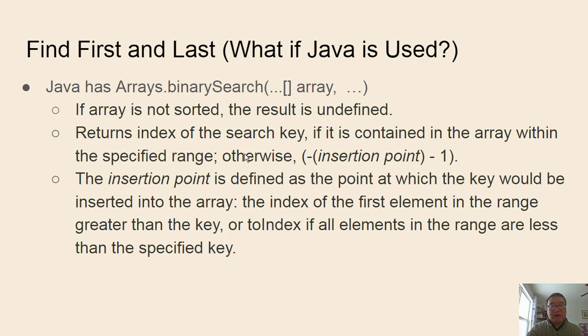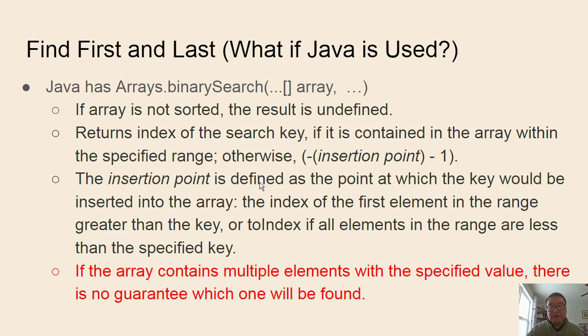If the element does not exist, it will return the negative insertion point minus 1. Essentially, they want to use one integer value to cover all cases. So if the element does not exist, they return information from which you can compute the insertion point, which is defined as the point at which the key would have been inserted.